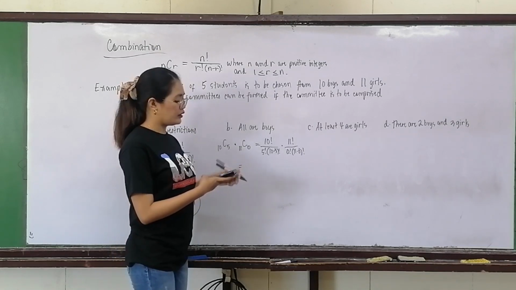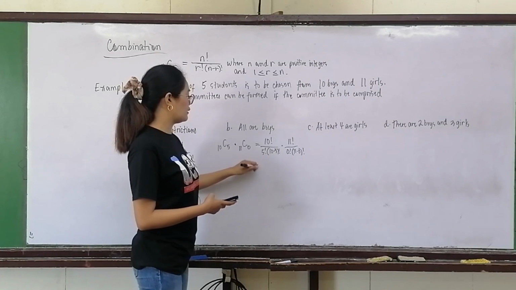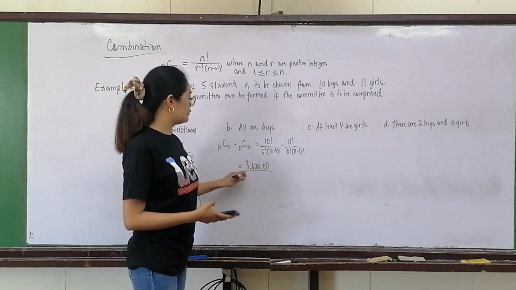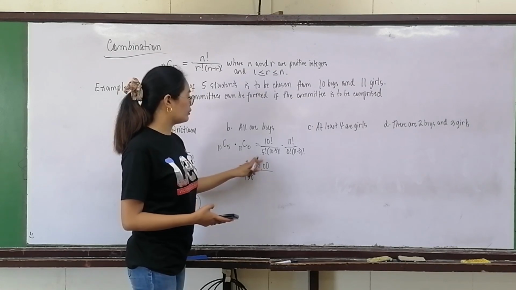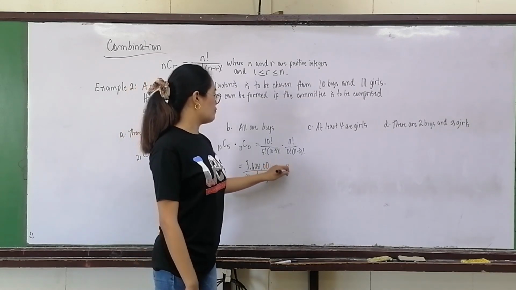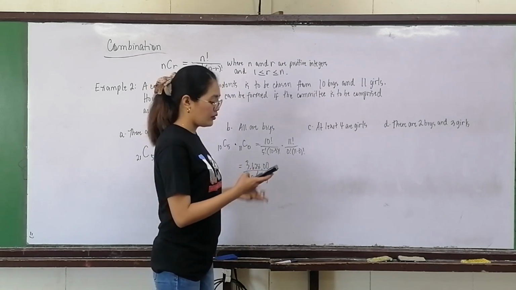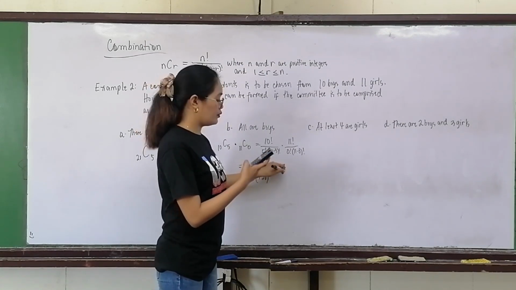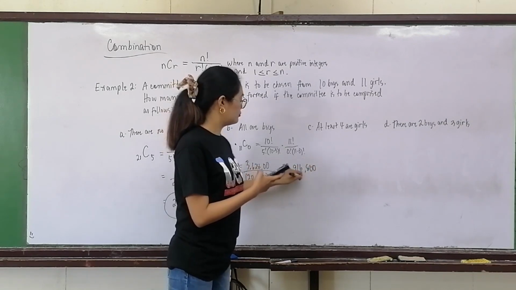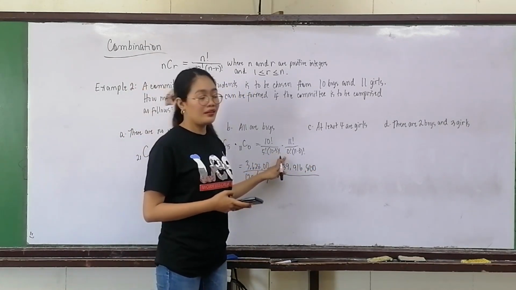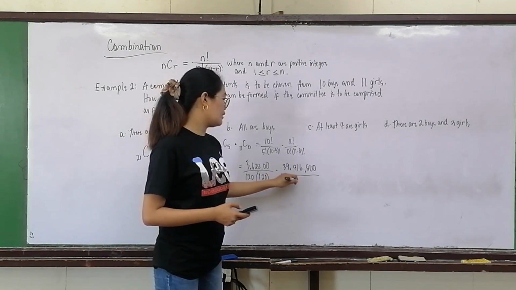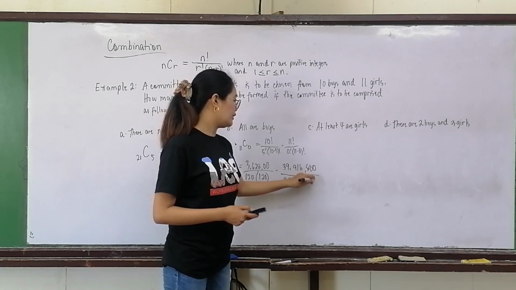And 10 factorial is equal to 3,628,800 over 5 factorial, which is 120, times 120, multiplied by 11 factorial. 11 factorial is 39,916,800 over 0 factorial is 1, and 11 minus 0 is still 11, so we have still 39,916,800.